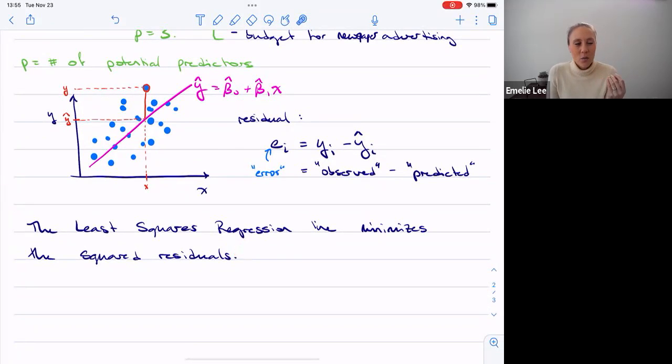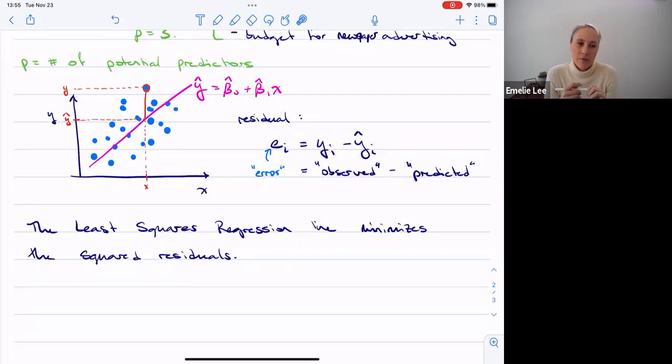But one thing, well, we're taking the squared because we need them to be positive, right? If we're minimizing something, then when we add them all up, we want it to be the smallest value possible. But notice how some of these values, if we take the observed minus the predicted, so if the points are above the line, then I get positive values. And if they're below the line, I get negative residuals. So then when I add those up, just as a fact, it's going to add to 0.